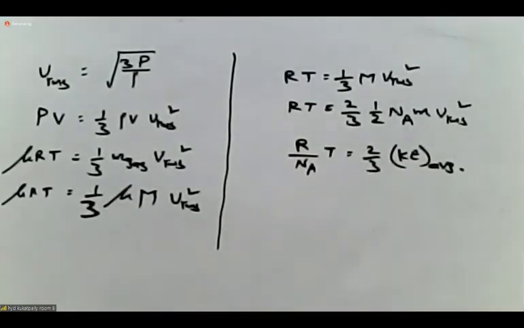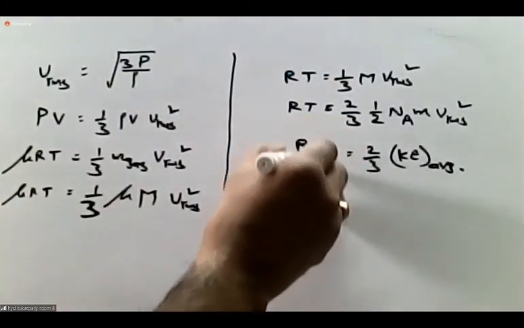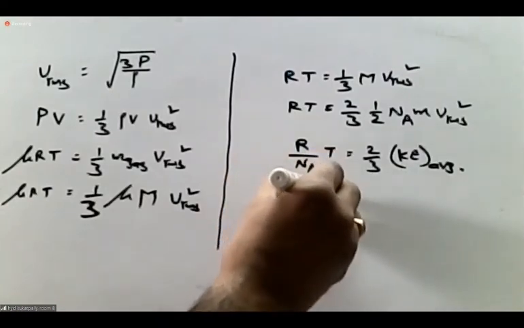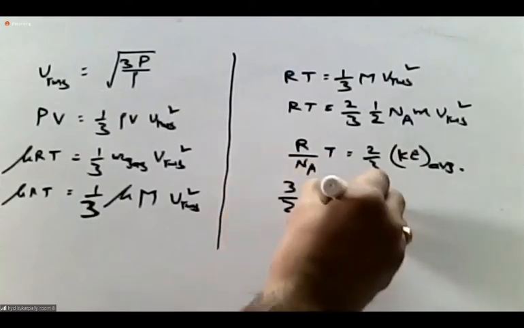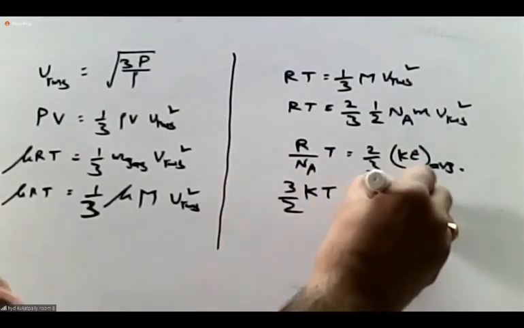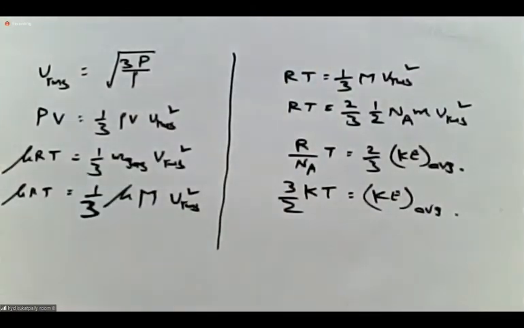Half m v_rms, average, because v_rms is an average. The gas constant per molecule, R by Na, is the Boltzmann constant k. So 3 by 2 kT is equal to the average kinetic energy per molecule.